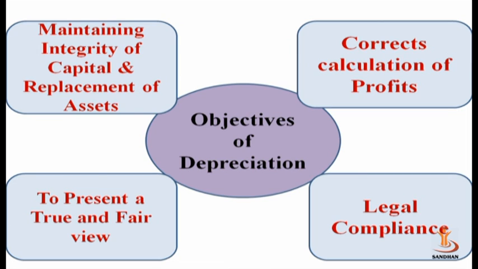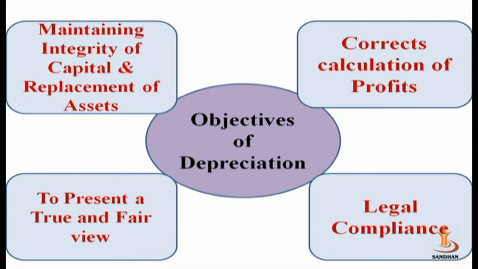Another objective is legal compliance. It is mandatory, it is compulsory, to calculate depreciation and show it in the income statement, as per the Companies Act 1956, recently the Companies Act 2013, and as per the Income Tax Act 1961.